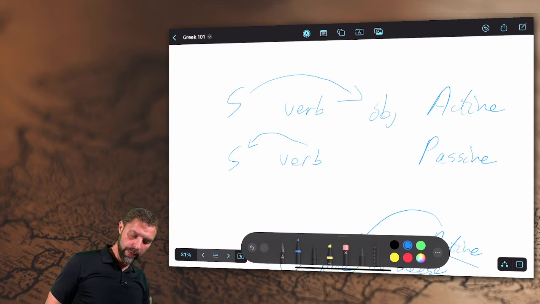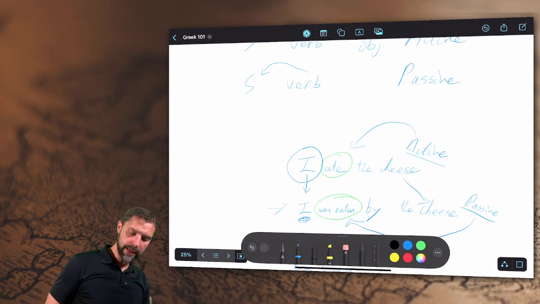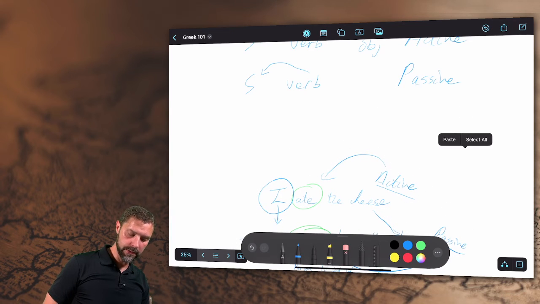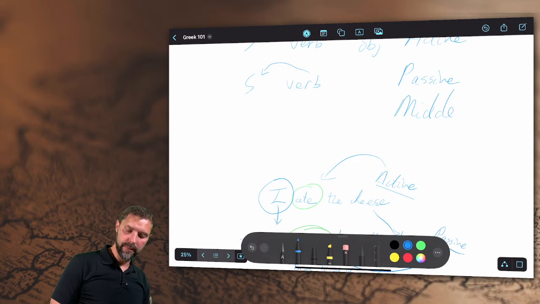All right, what makes this interesting or helpful as a diagram is that I have a third option in Greek, and it doesn't exist like this in English. It's the example of the middle. In the middle, the subject is doing the action of the verb, more or less somewhat to himself.